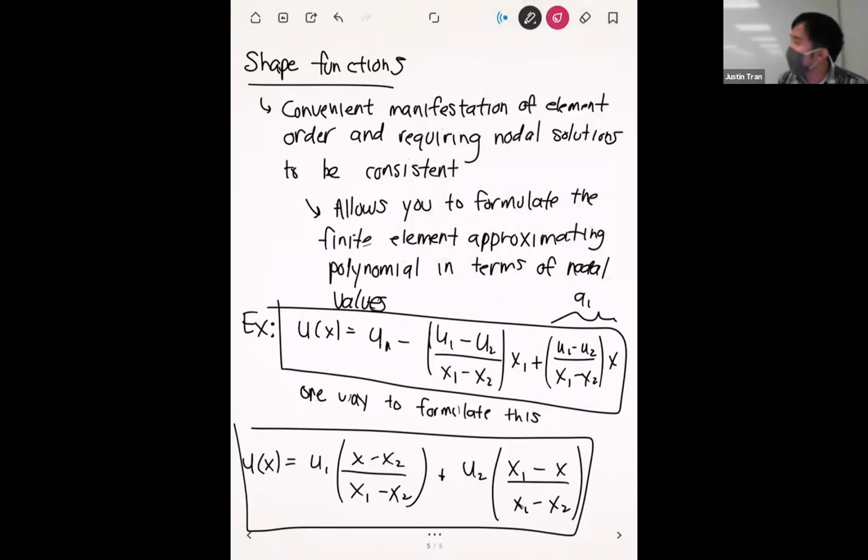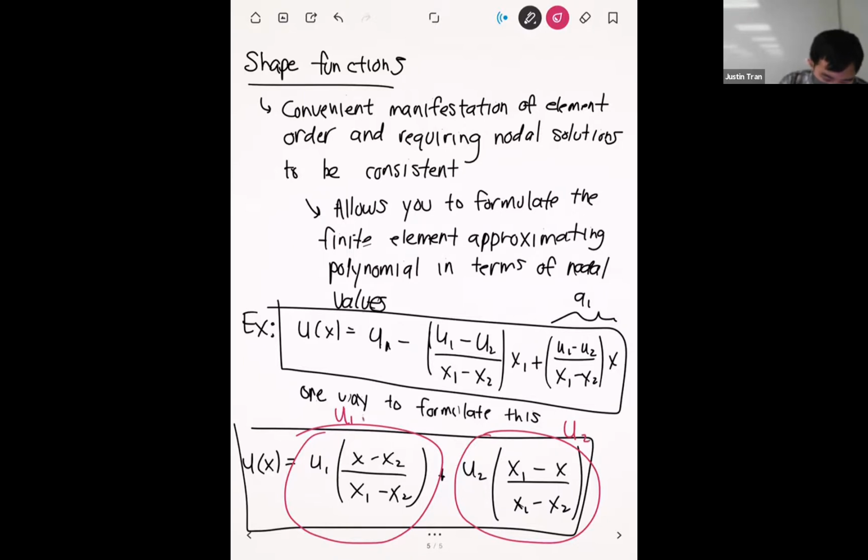And so why do we even rearrange this? You can see here, this first term is the only term with u1. Okay. Whereas the second term right here is the only expression with u2, okay? And so we basically rearranged our finite element polynomial such that it's broken up into one term associated with node 1 and another term associated with node 2, okay?